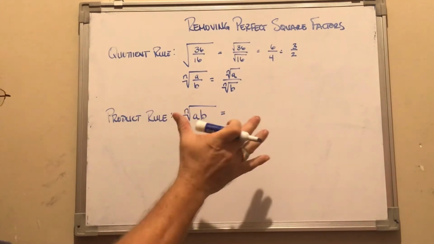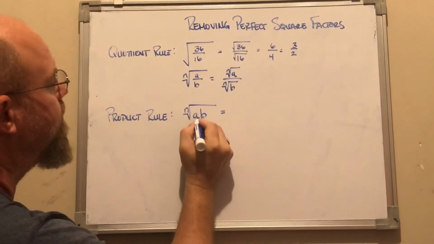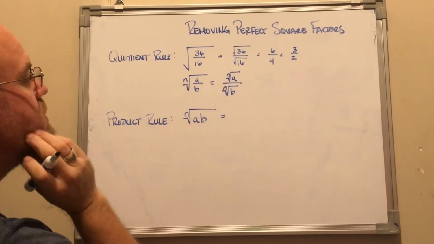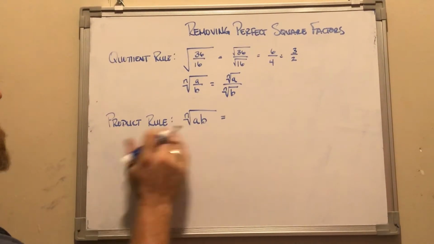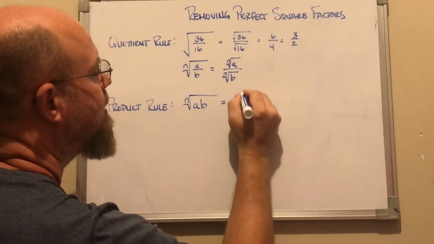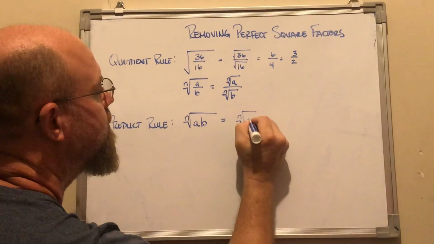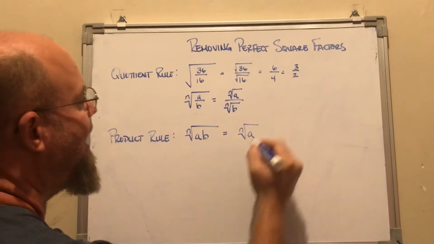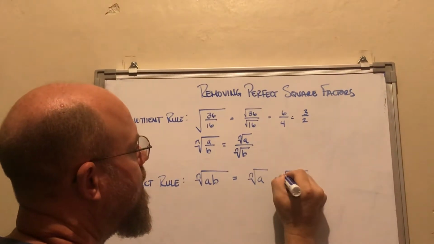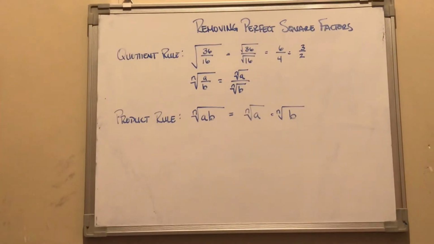I was able to split up these different variables. So here I can split this up. The product rule says that I can take the radical of a, the root of a, and then multiply it by the root of b.